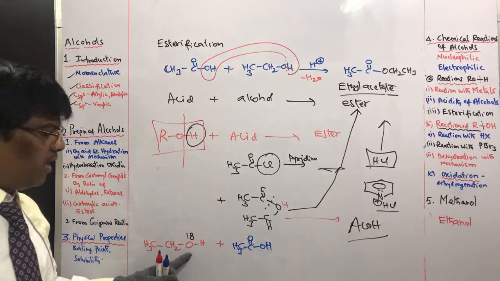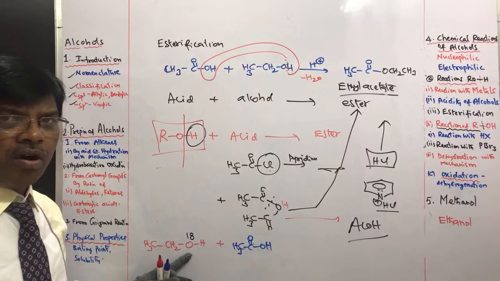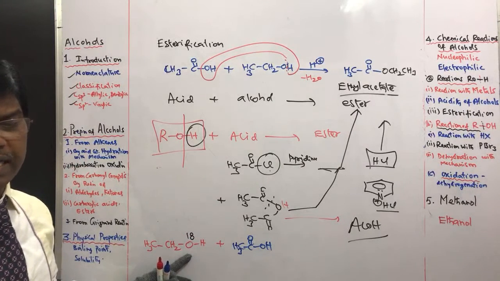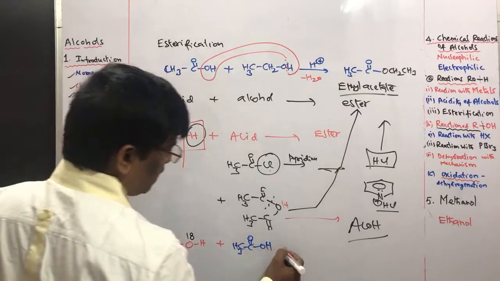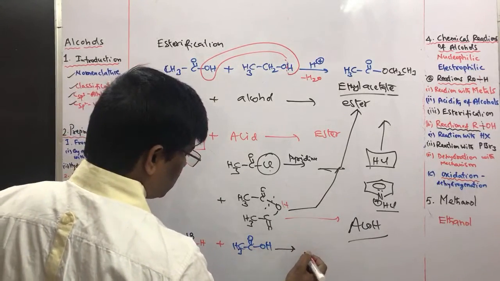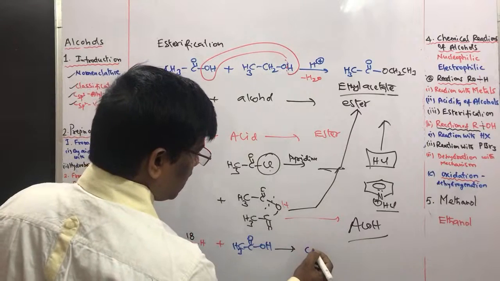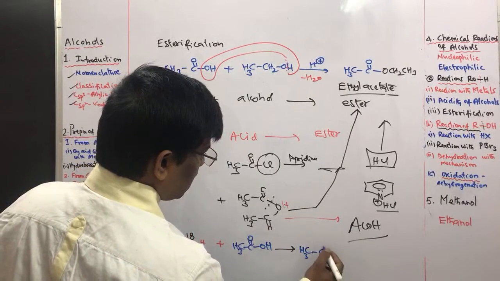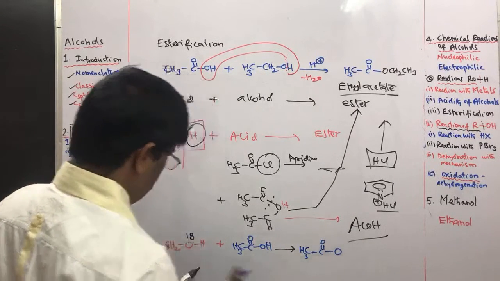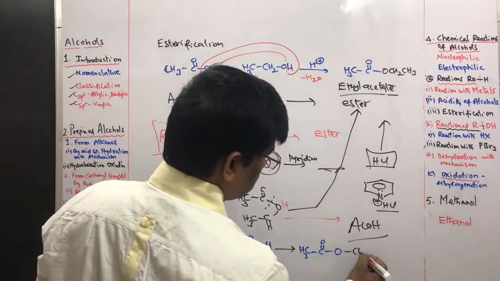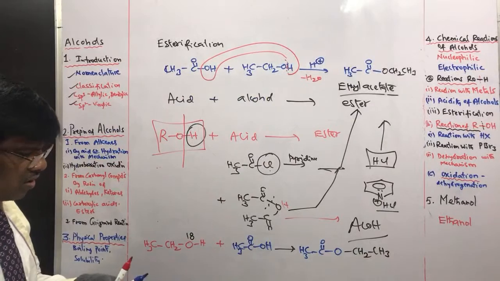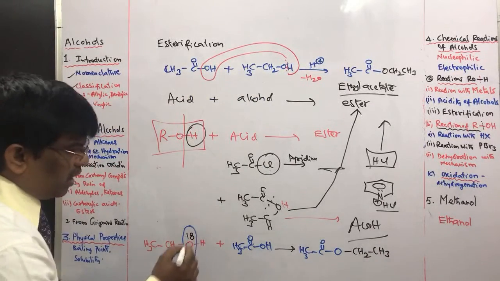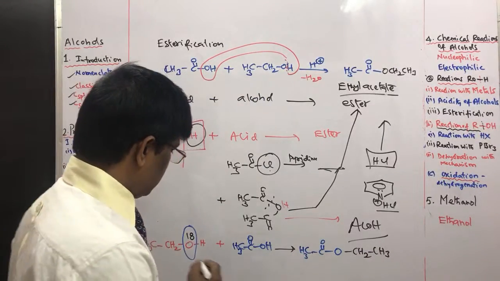So what is the molecular weight of oxygen? Isotope of oxygen is 18. O18 is isotope of oxygen. So if I use O18 oxygen, what is the compound I am going to get? CH3COOCH2CH3. So is this oxygen going to come into this ester?